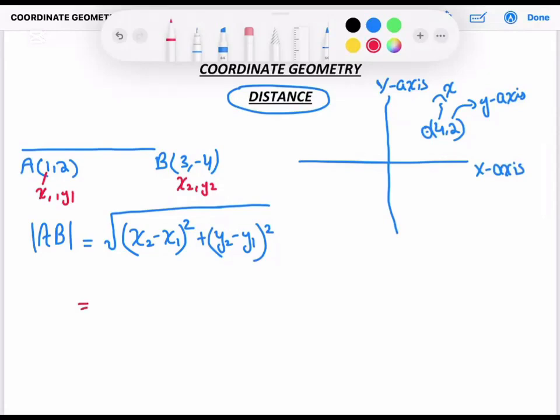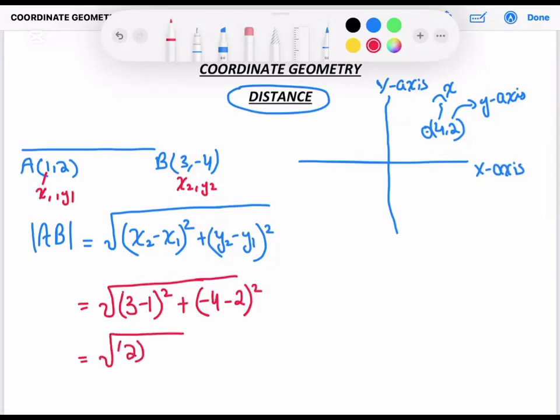Now I will put the values. First, x2 is 3, so I will put 3. x1 is 1, so I will put 1, and whole square. Plus y2 is -4, so I will put -4, and y1 is 2, so I will put 2. 3 minus 1 will be 2 whole square, and this will become -6 whole square.